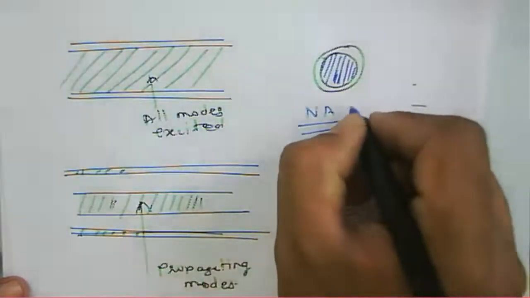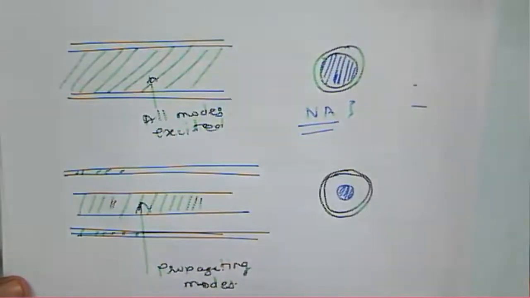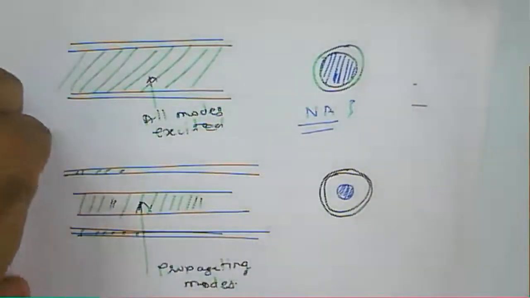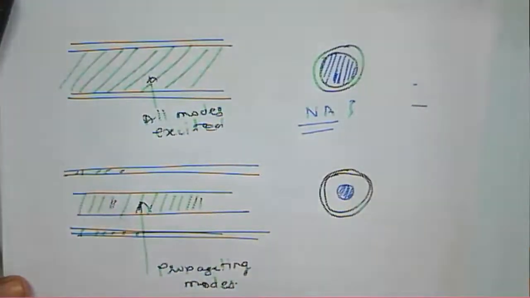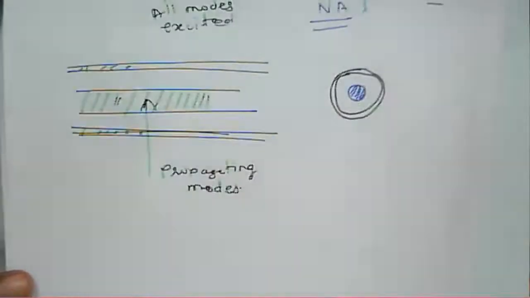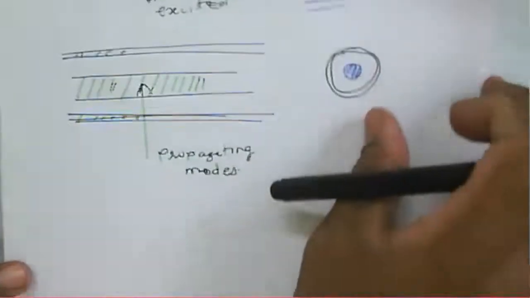That's why we should know the state of numerical aperture equilibrium for a given mode or at specific modes, when we are propagating modes.